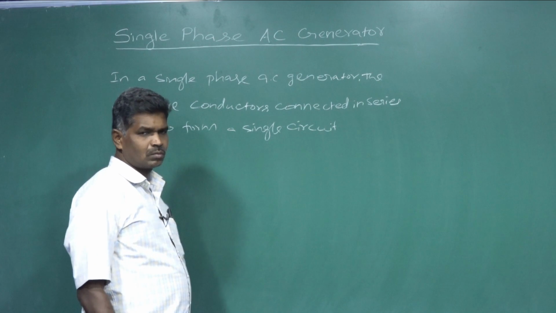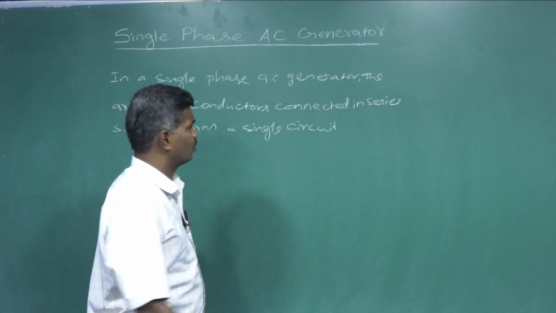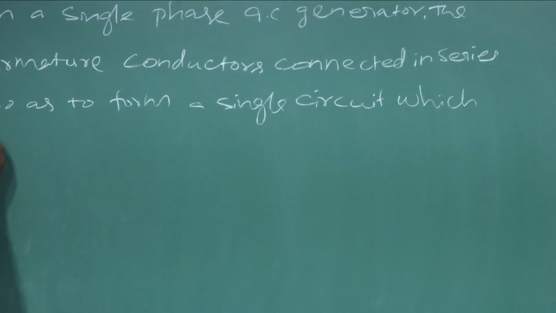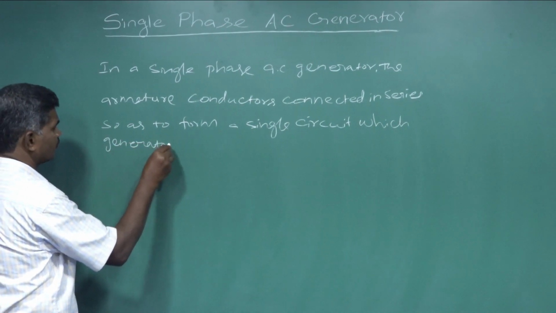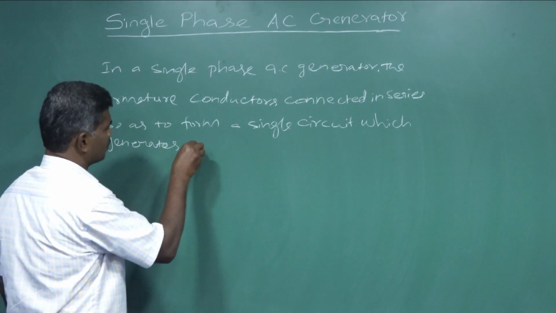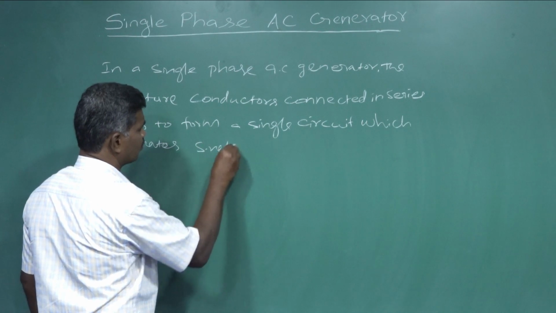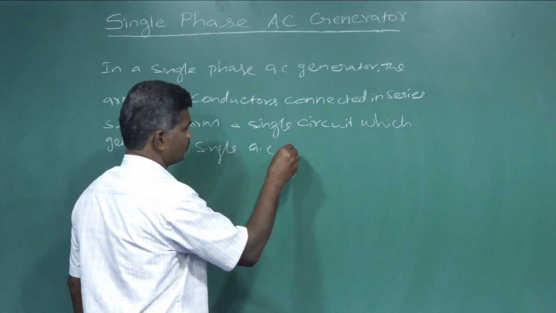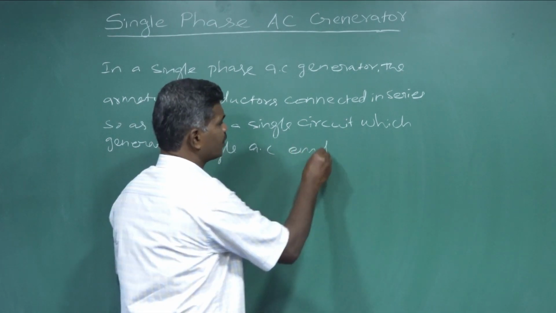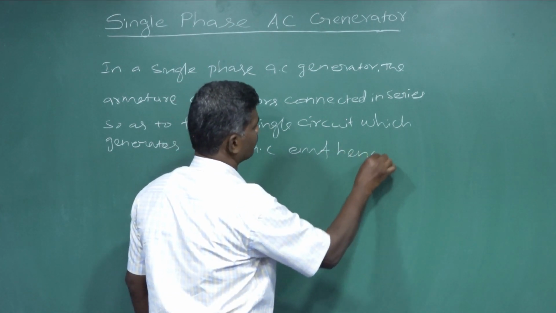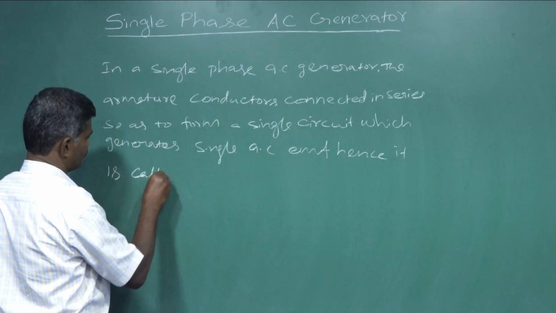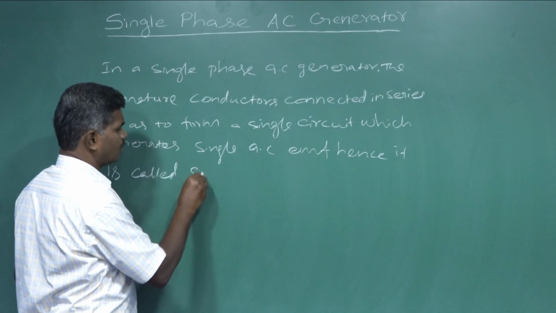That single circuit can generate an EMF, a single alternating AC EMF. Alternating EMF is produced, and hence it is called a single phase alternator.